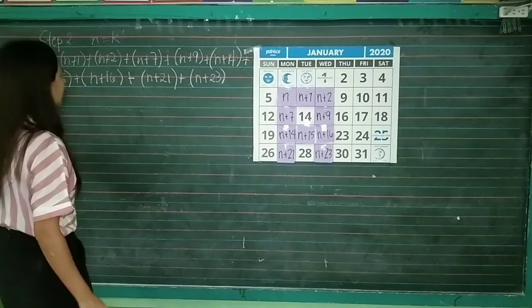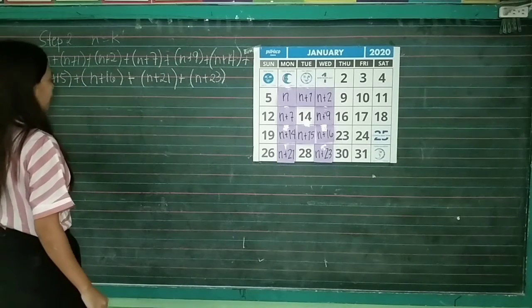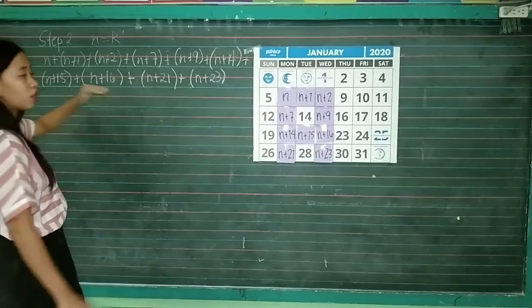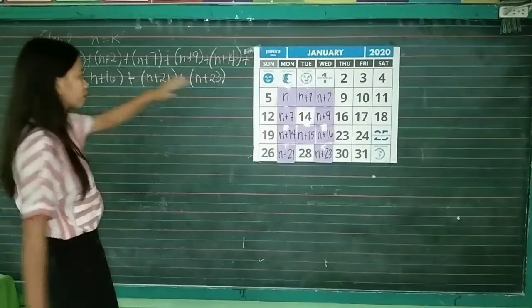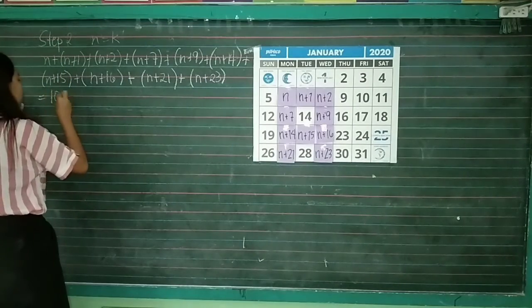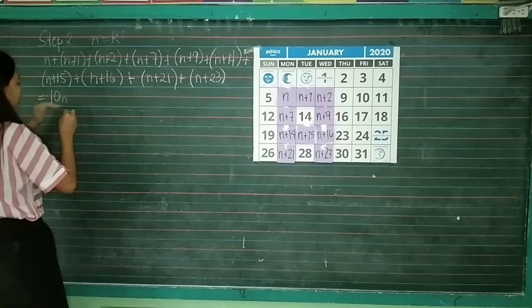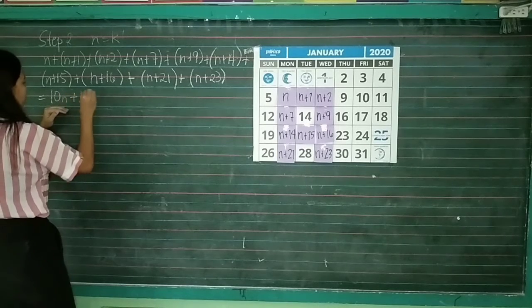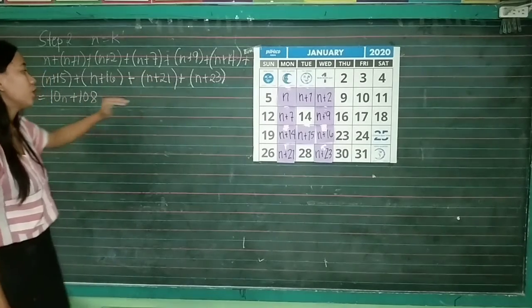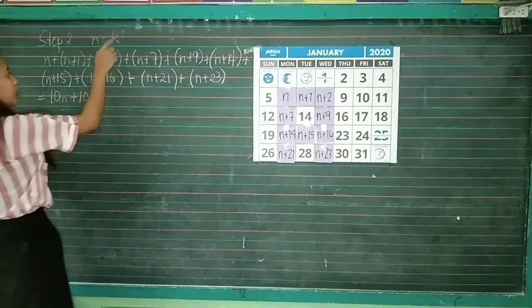So, papalitan lang natin to ng k. Ano kasi ang equivalent dito? Ang equivalent nitong mga to is 10n plus 108. So, lahat ng nakikita mong n dito sa equation na to, papalitan mo siya ng k.